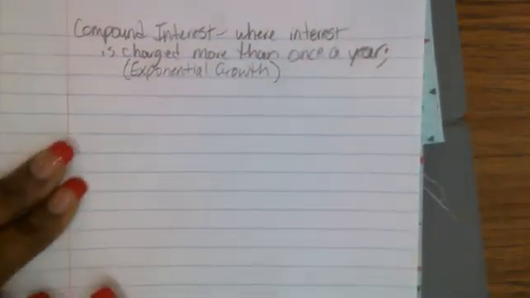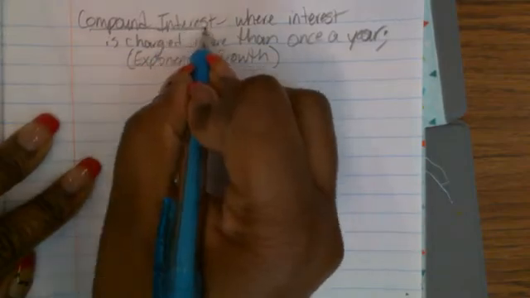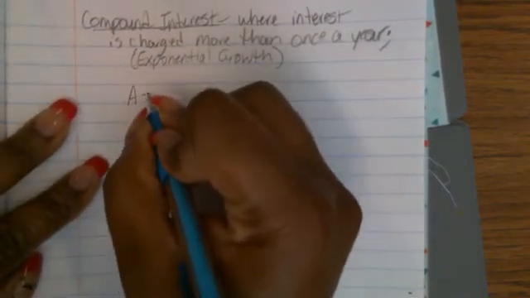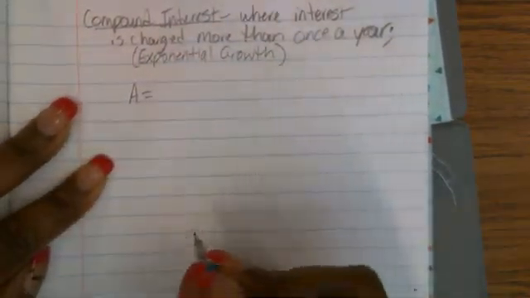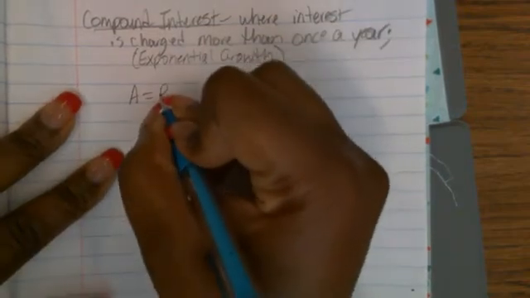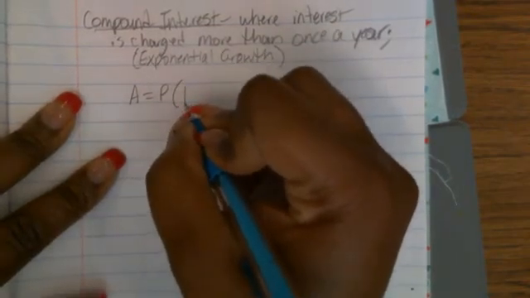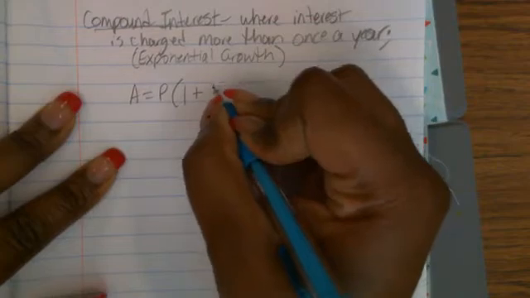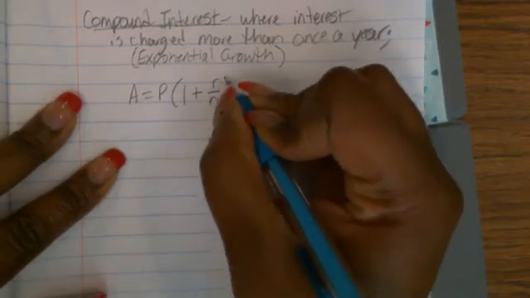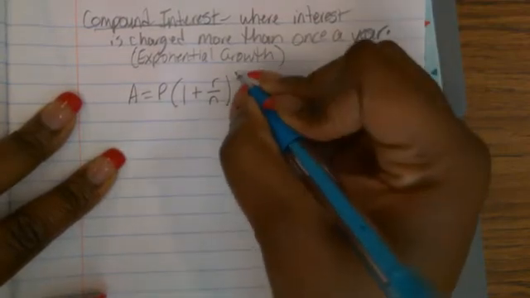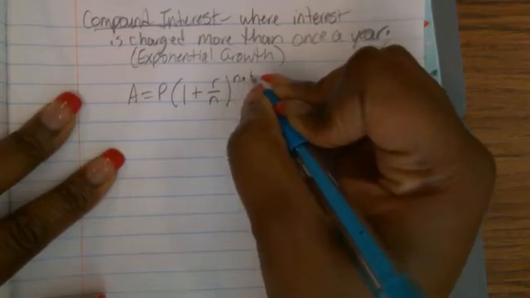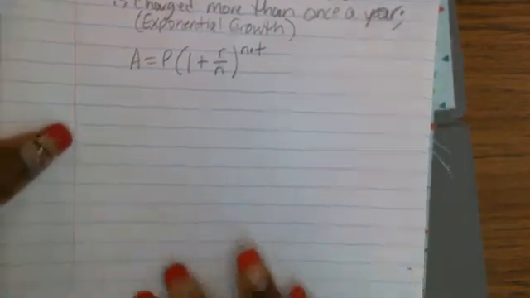So you'll know the formula that you use for compound interest is A, which is the same as Y, is equal to P, parentheses 1 plus R over N, to the nt power. All right. So what does this mean?